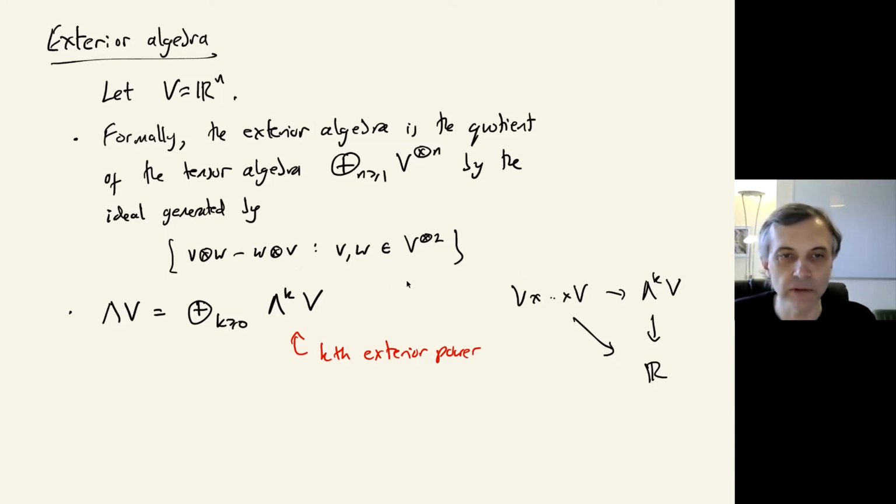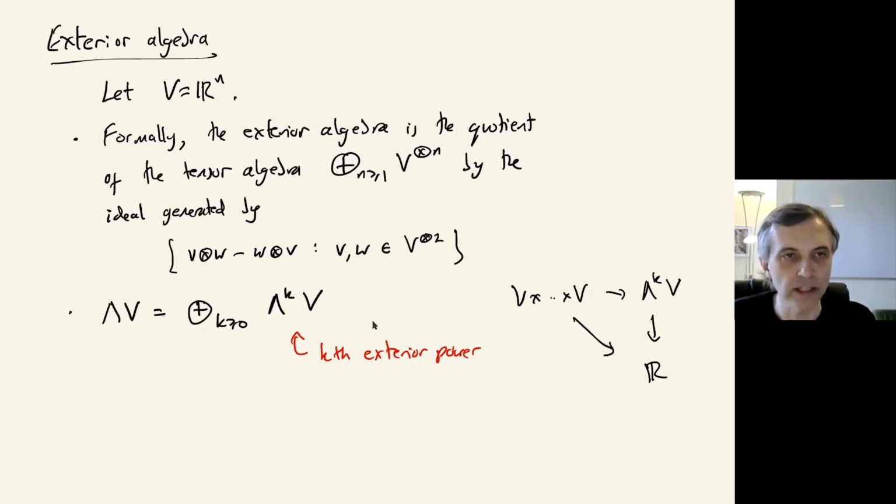You stick this in to have an alternating property in your exterior algebra. It has a universality property: if you have any alternating map from a product of k copies of a vector space to the real numbers, then it factors through the kth exterior power.